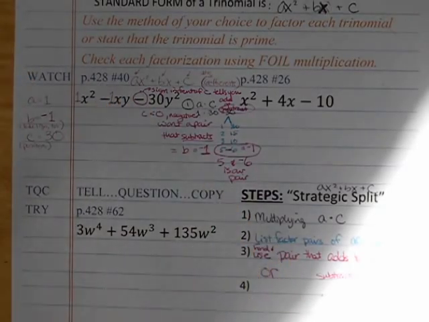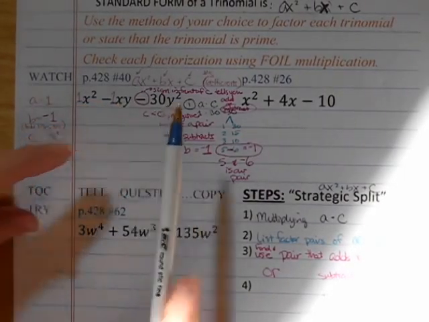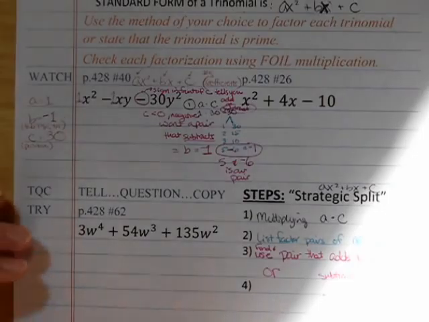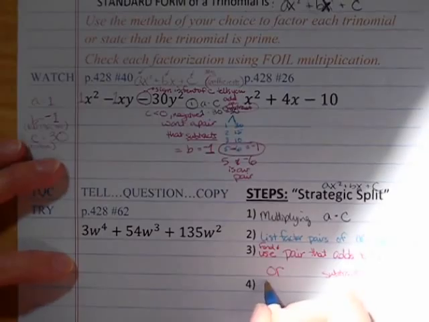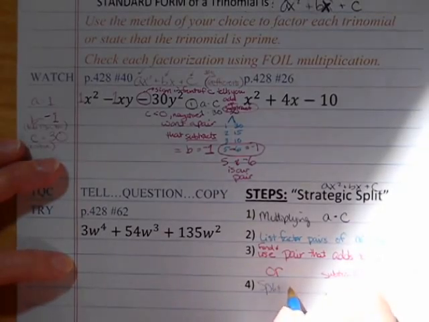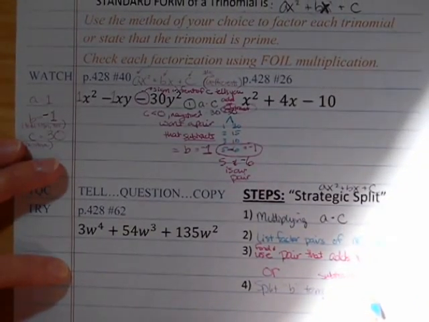Again, our goal here is so that we can split this middle value strategically to create 4 terms that we can factor by grouping. Okay, so this is now the split. So our next step will be to split the b term using that pair that we just discovered. And here's the very, very important part.